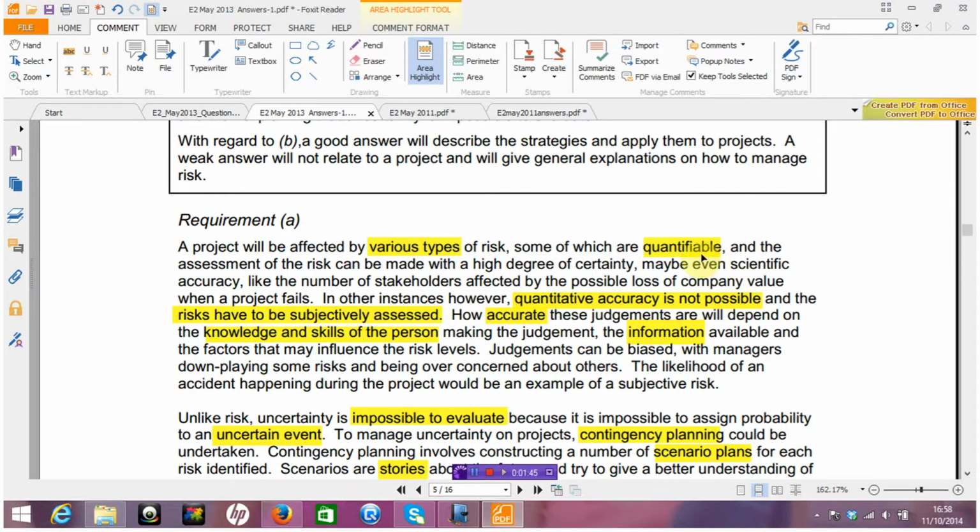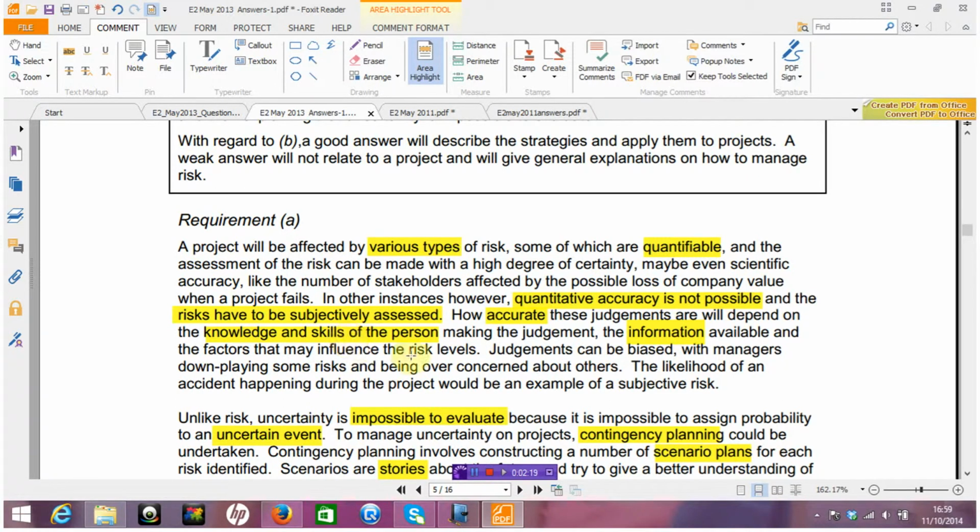The other side of risk is unquantifiable, or perhaps better explained as where quantitative accuracy is not really possible, so we'll need some sort of subjective assessment of the risk itself. To do that we're going to have to involve a risk assessor in some way, and the accuracy of these subjective judgments will depend not only on the information but also on the knowledge and the skills of the person making the judgment.